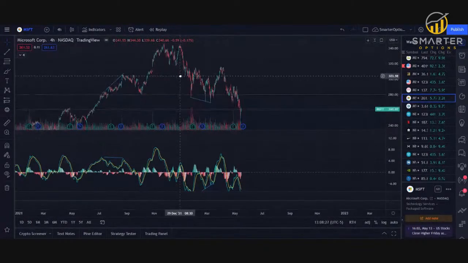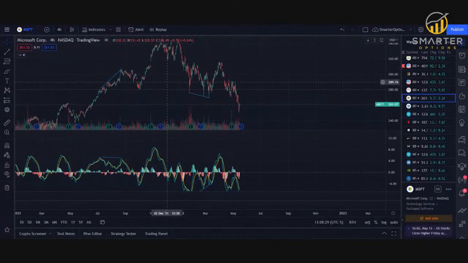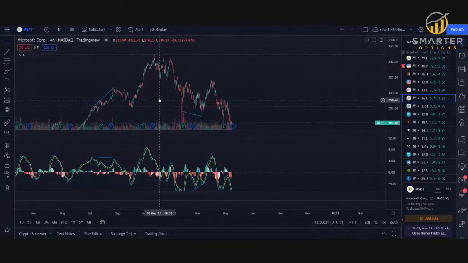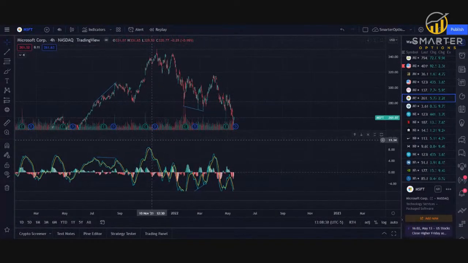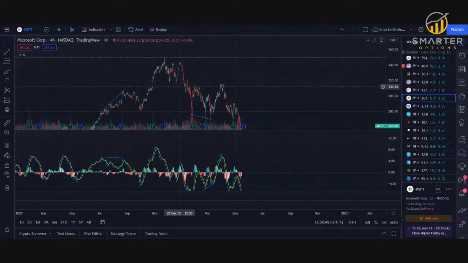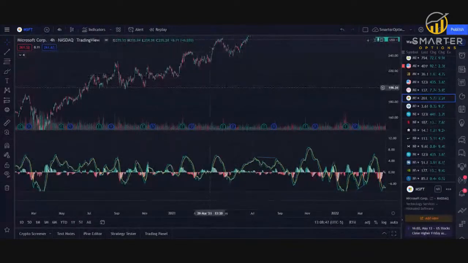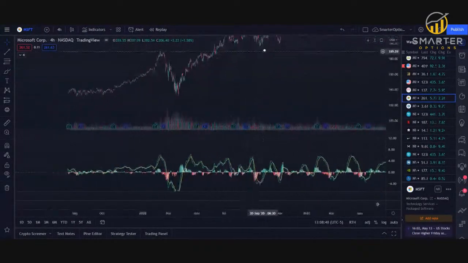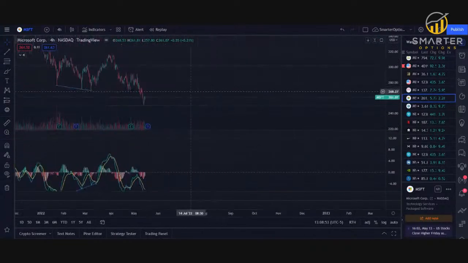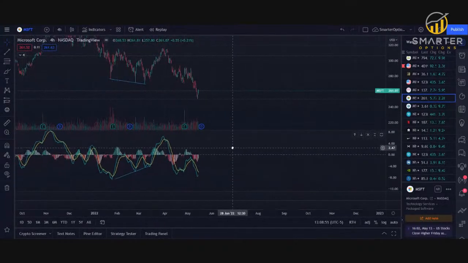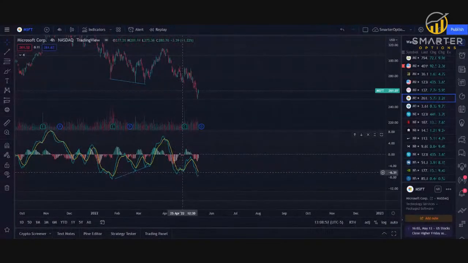Oh, that lines up. Let's see if we can find a bearish continuation there. Nope, can't really find a hidden divergence there. Let's see if we can find a continuation going on here. Nothing yet.